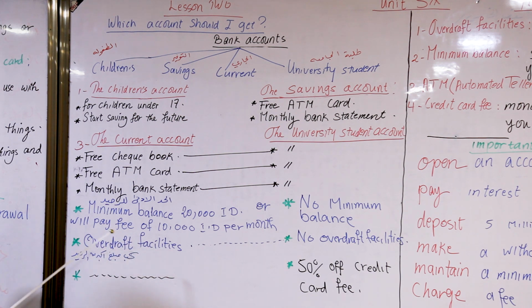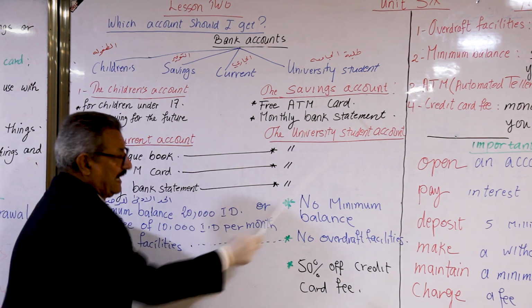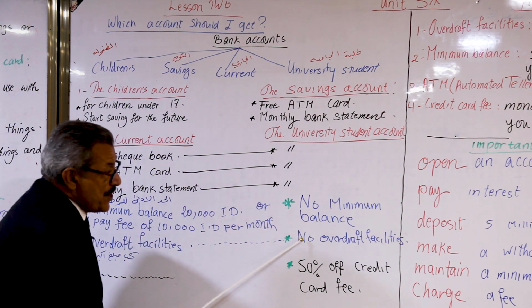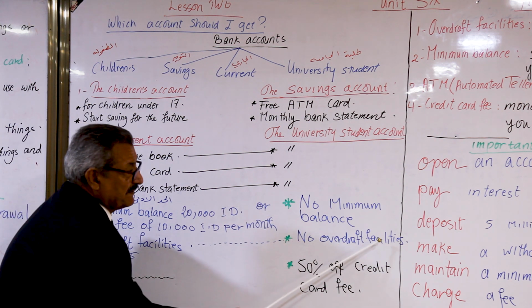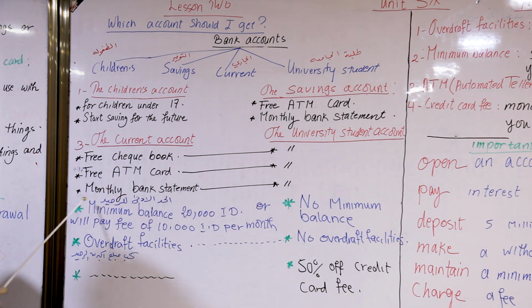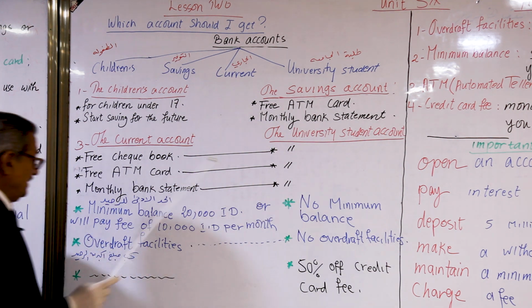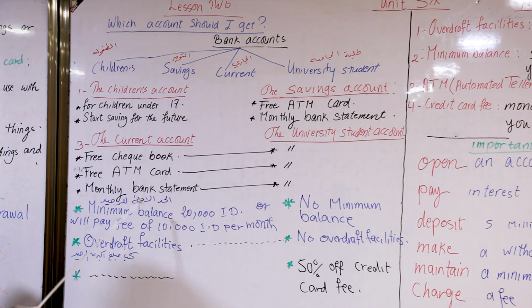This activity is not found in the university student account. إذن, no overdraft facilities. There are two things which are found in the current account and they are not found in the university student's account. The first, minimum balance. The second, overdraft facilities.